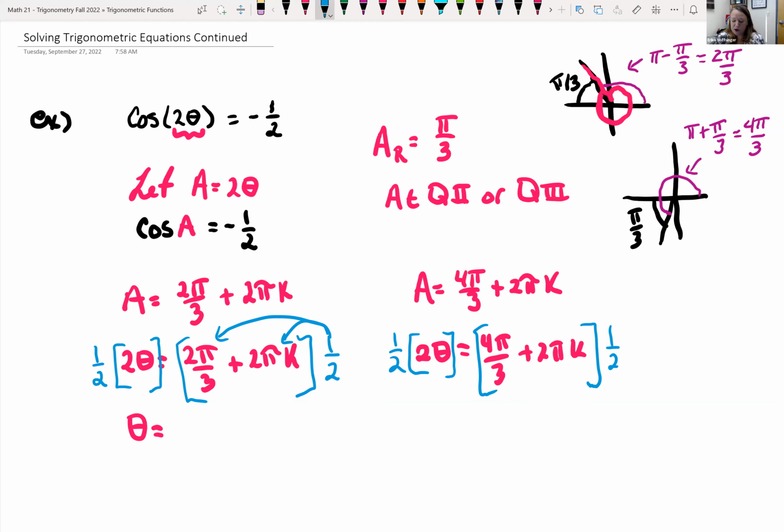Well, if I distribute 1/2 to the 2 pi over 3, that 2 in the numerator is going to cancel with my 2 in the denominator there, just leaving me with a pi thirds. Plus, now when I distribute the 1/2 to the 2 pi times k, again, the 2's would cancel, leaving us just with plus pi k.